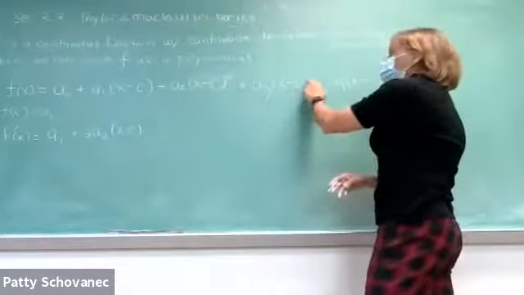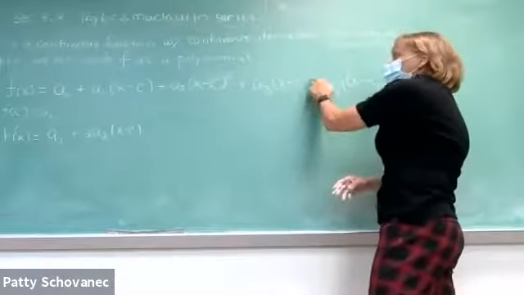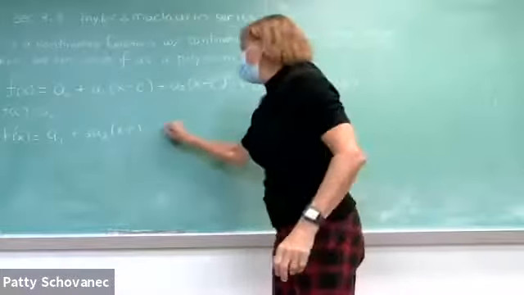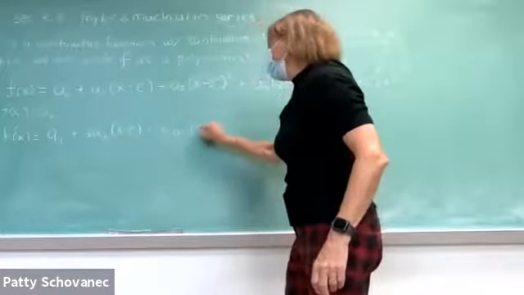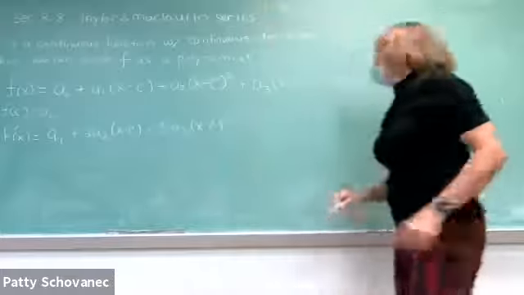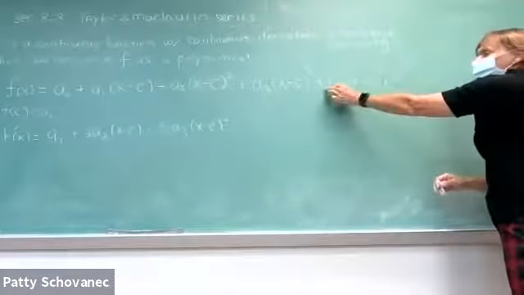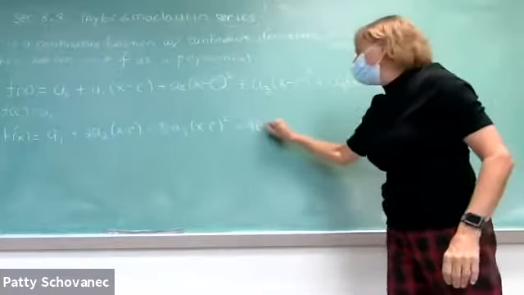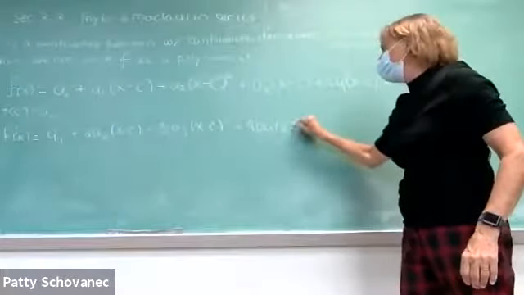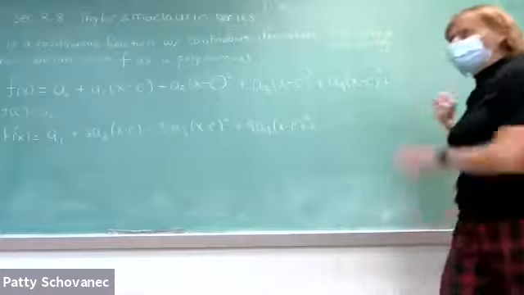The derivative here gives me 3a3 times x minus c squared. The derivative here gives me 4 times a4 times x minus c cubed. And then I have all those derivatives out there.